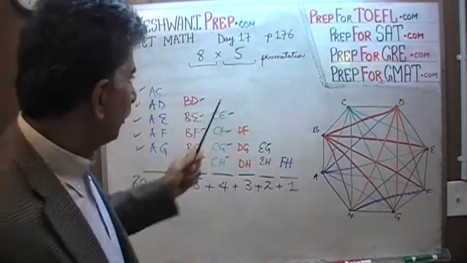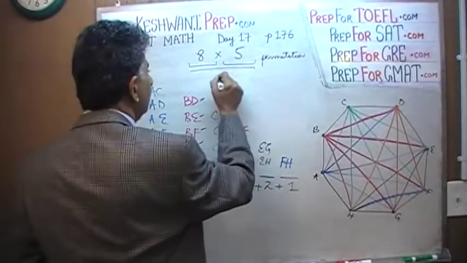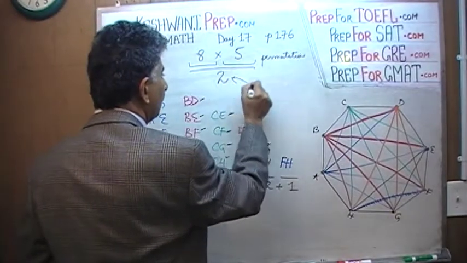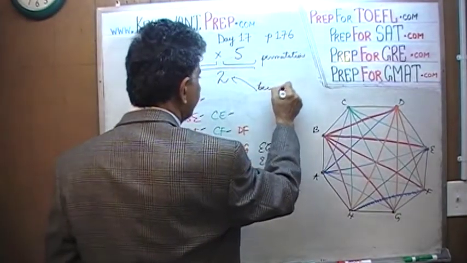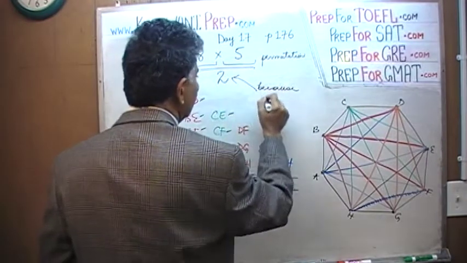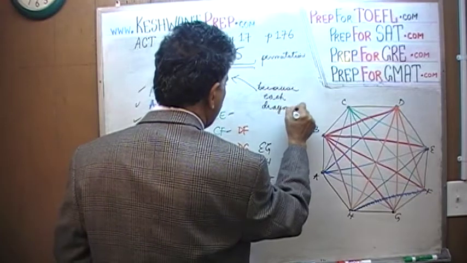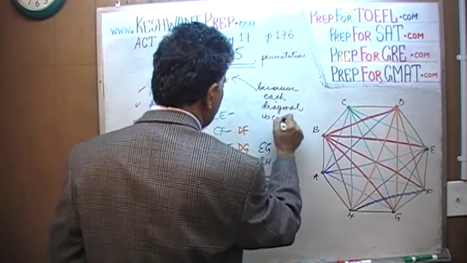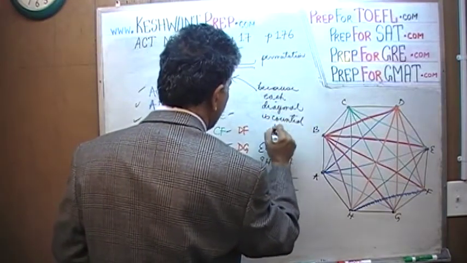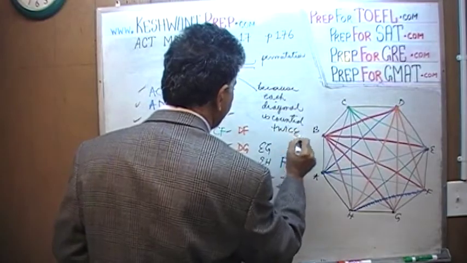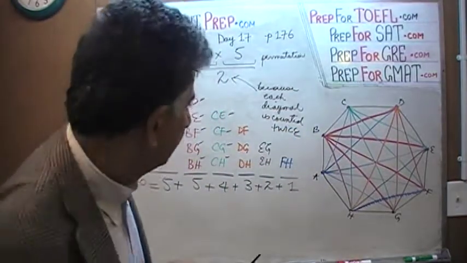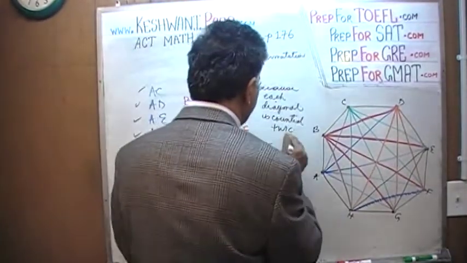So we have to take this whole total and divide it by 2, because each diagonal is counted twice.